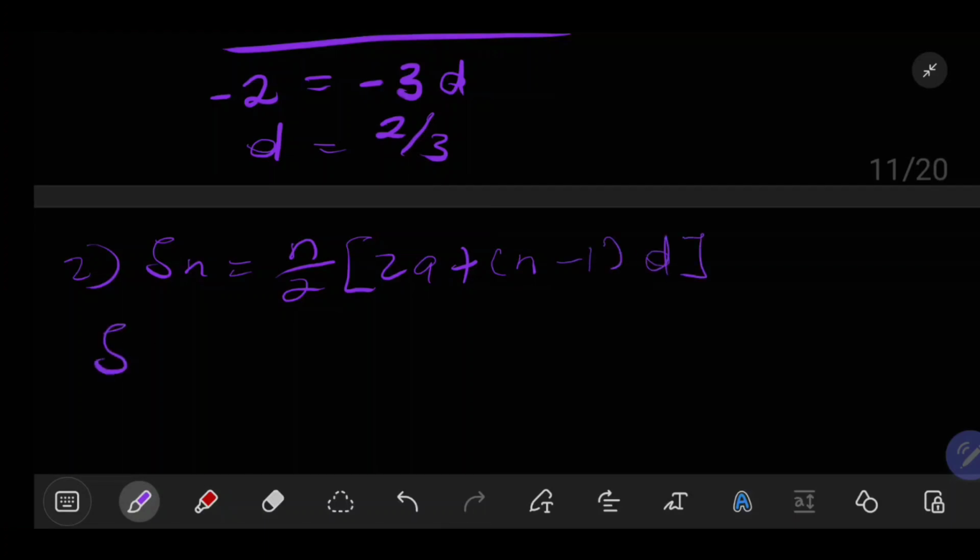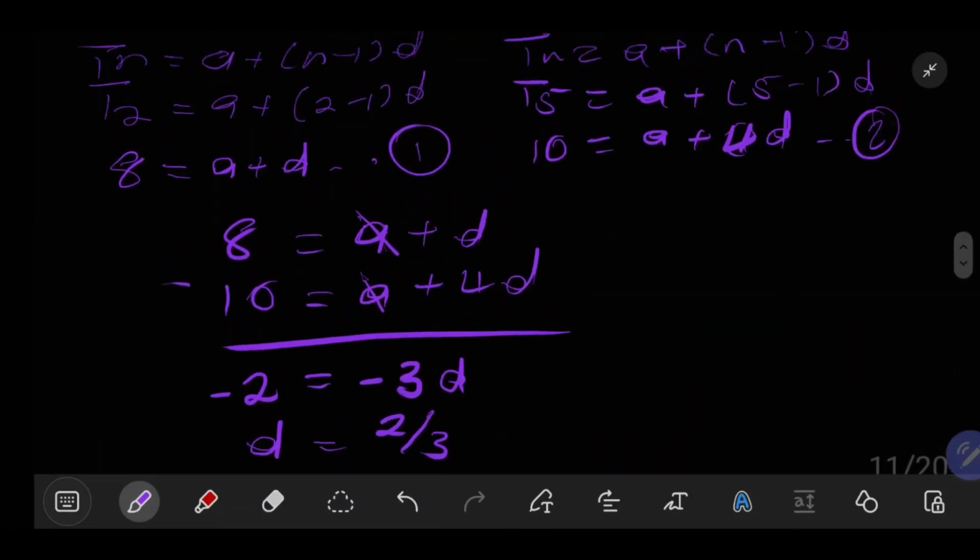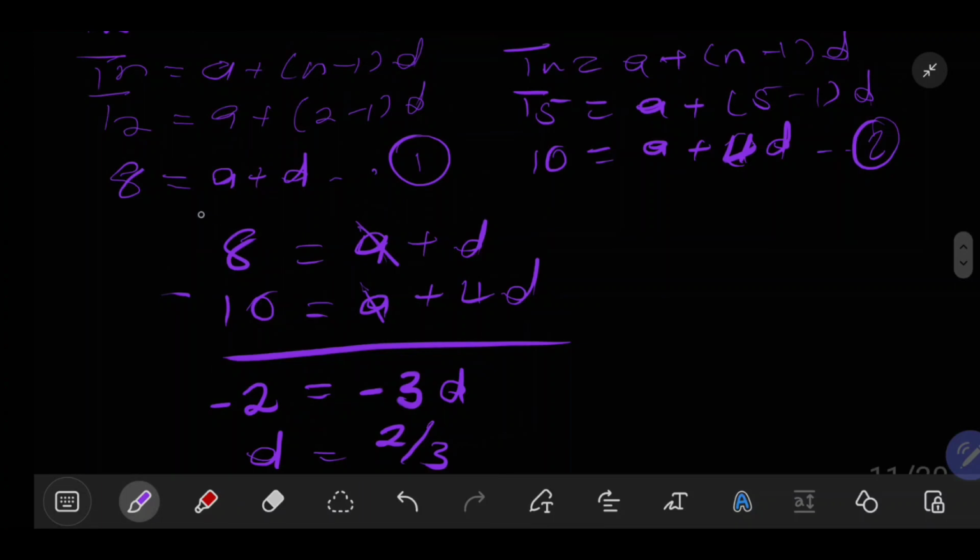We're to calculate the sum of the first 50 terms, so n is 50. Then a, do we know the value of a? We don't know the value of a. So to find a, we can substitute the value of d and find the value of a.